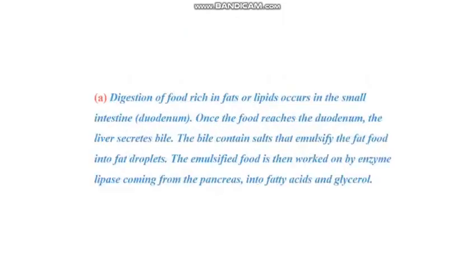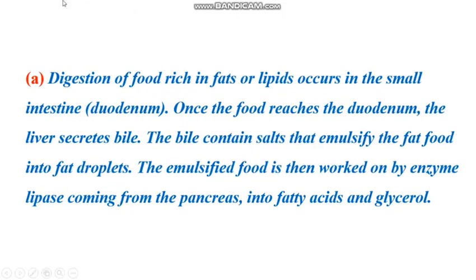So here we have said that digestion of food rich in fats or lipids occurs in the small intestine, specifically the duodenum. Once the food reaches the duodenum, the liver secretes the bile. The bile contains salts that emulsify the fat food into fat droplets.